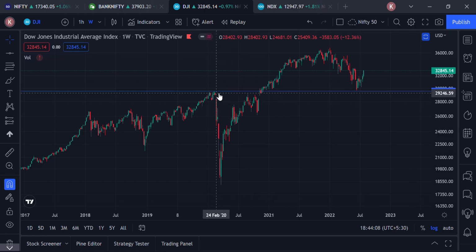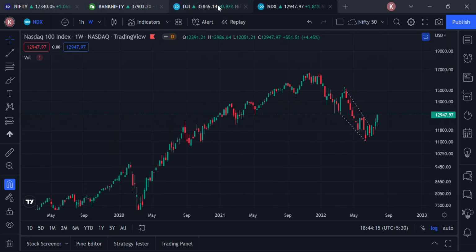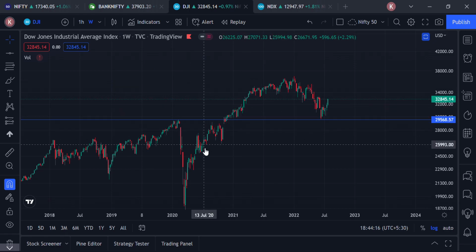US indices like Dow Jones and the Nasdaq broke out, have now retested it again, and from here we can see very good demand has come and the index has bounced.